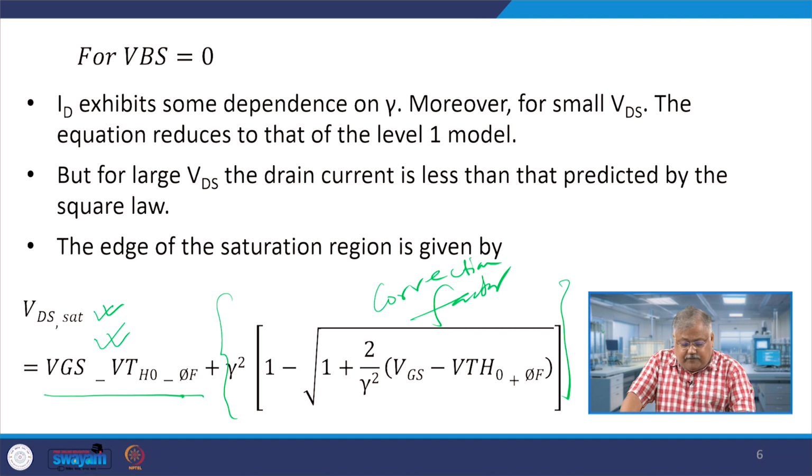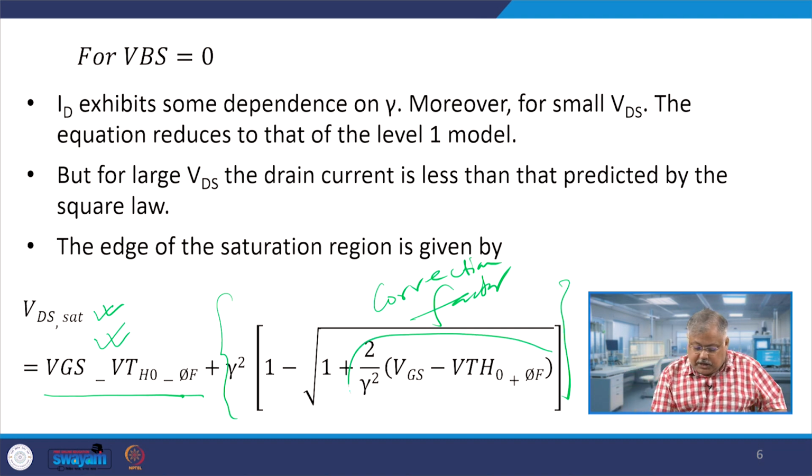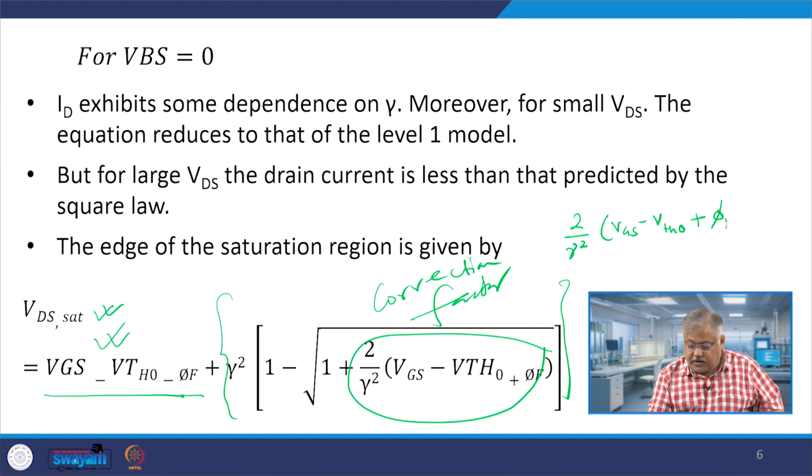It depends upon many factors. So, if you take this expression and assume that this quantity, 2 by gamma square into VGS minus VTH 0 plus phi f, is exactly equal to 0, then I will tell you what happens.